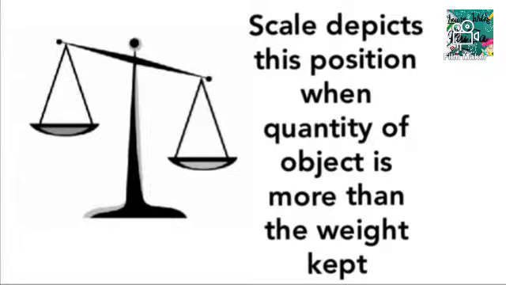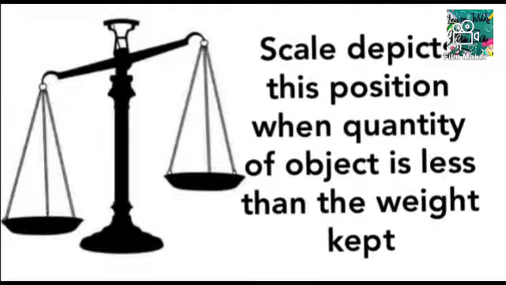So let's see the other one. The balance scale depicts this position when the quantity of the object is less than the weight kept. Can you see now? On your right hand side, the scale is a little bit up. So that is when the quantity of the object, for example the potato bag, is less than the weight kept.